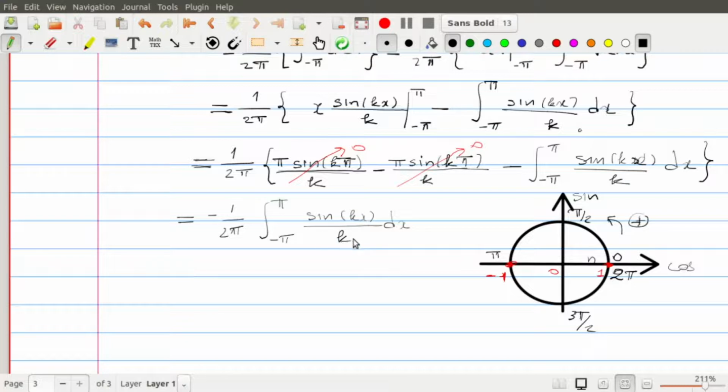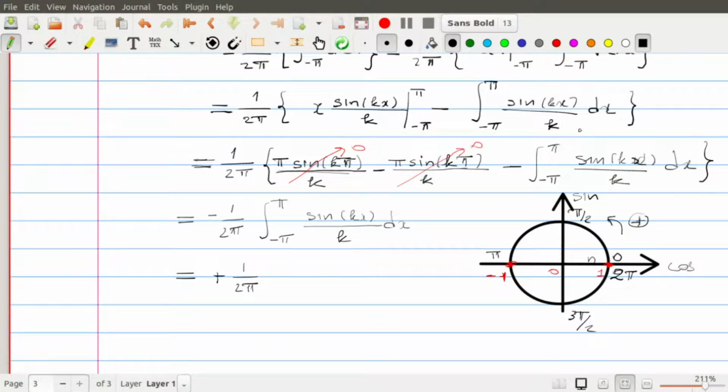Okay, I can factor out k or I can leave it, it doesn't matter. Now, here I can integrate directly because the antiderivative of this expression is obvious to compute. For this one, we know that the antiderivative of sine is negative cosine.